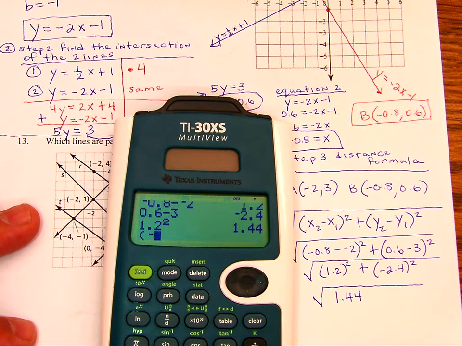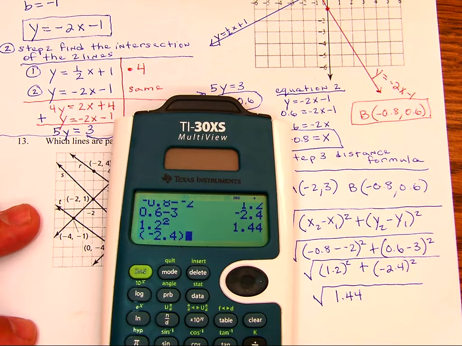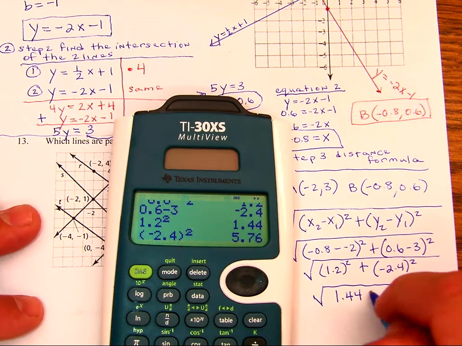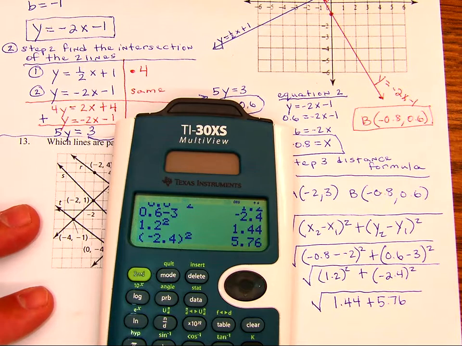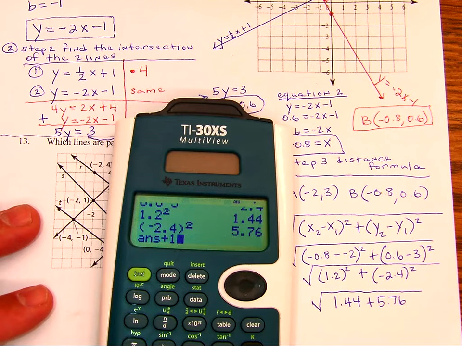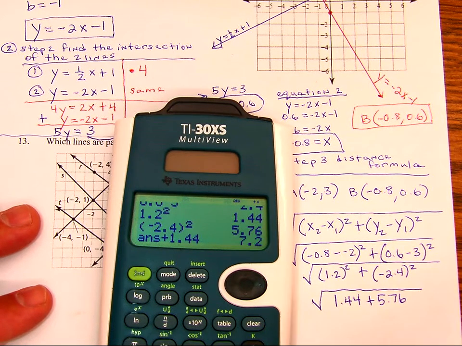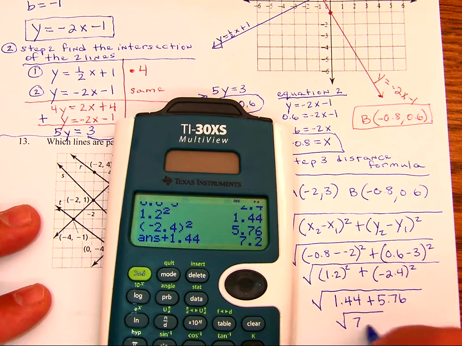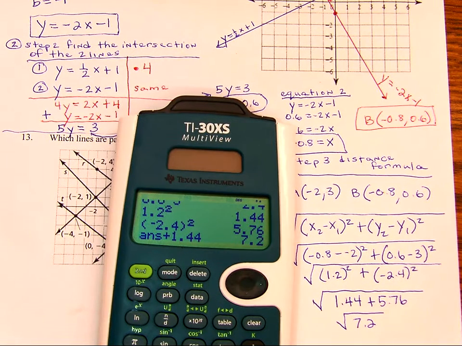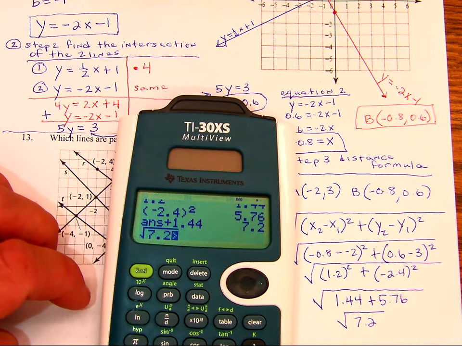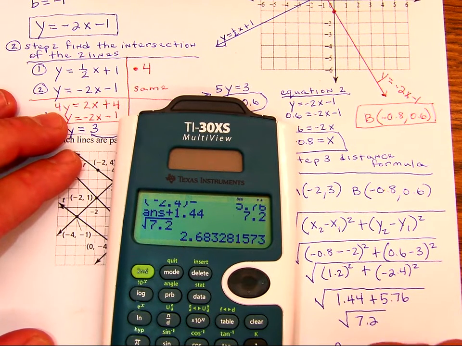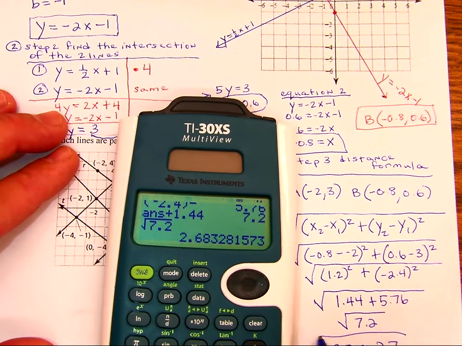Negative 2.4 squared is 5.76. And 1.44 plus 5.76 is 7.2. And so the distance between A and B is the square root of 7.2. So the distance between A and B is approximately 2.7.